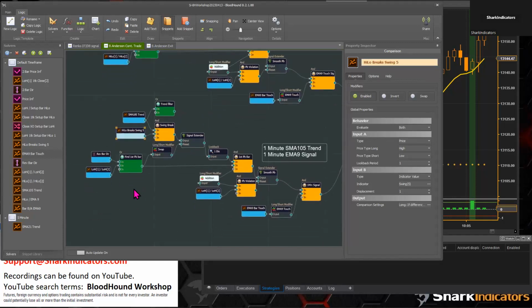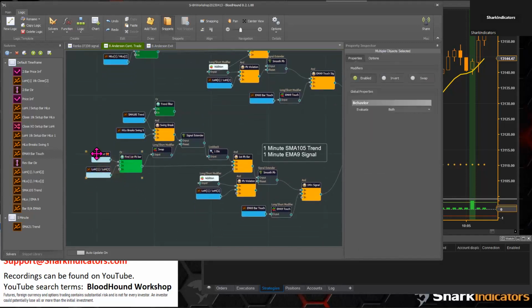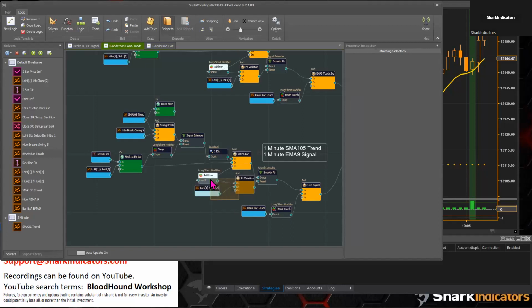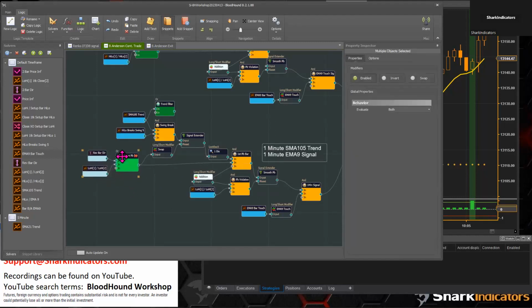As far as all the reset conditions, this right here is a reset condition, and these are running on the 1 minute time frame.